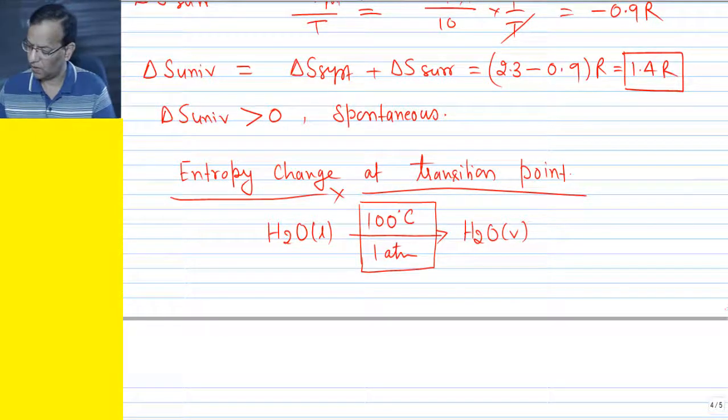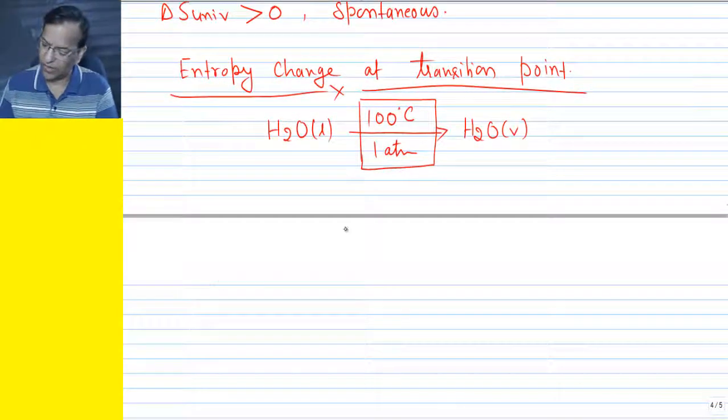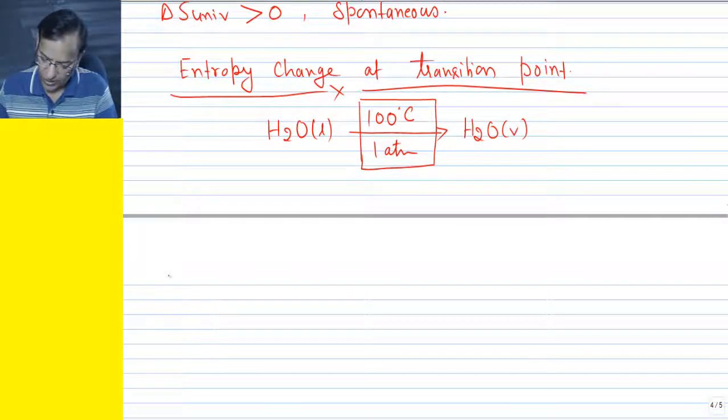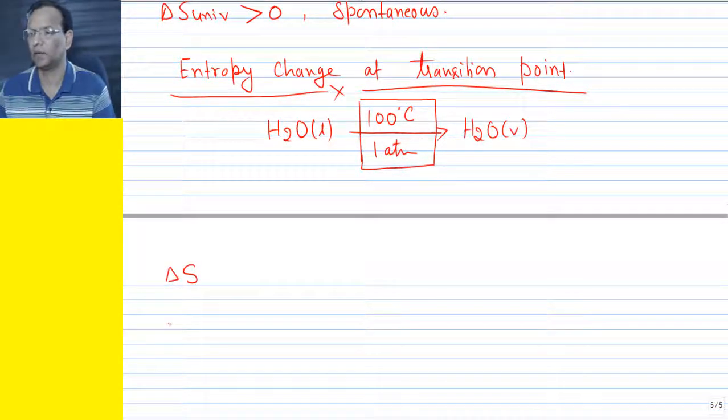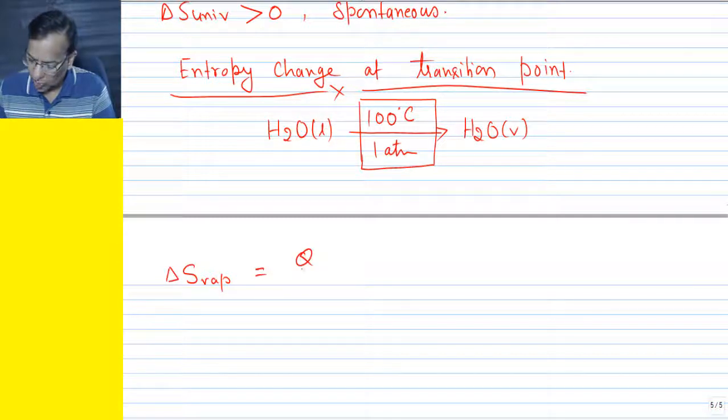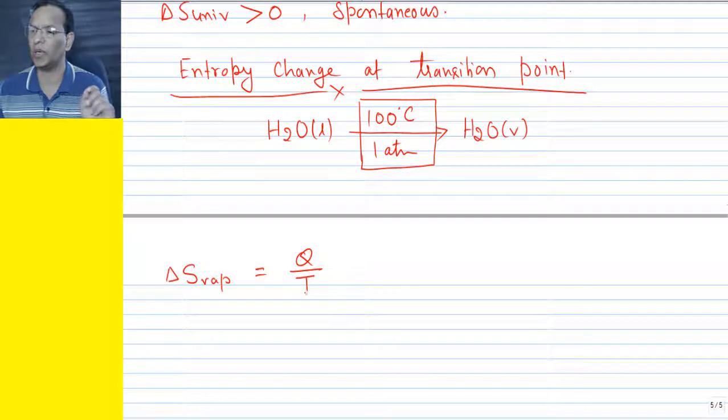In that case, we can say that the entropy change, which will be entropy of vaporization, will be equal to Q by T, since heat is given reversibly, temperature is not allowed to increase. So all change at transition point, at transition temperature, must occur reversibly.